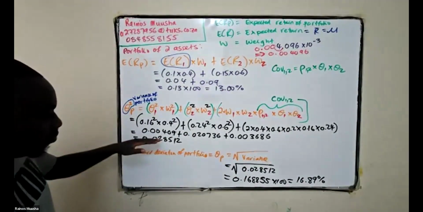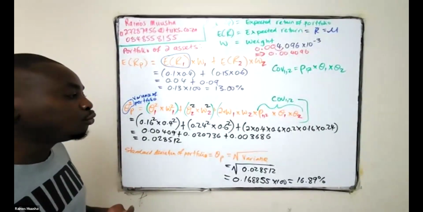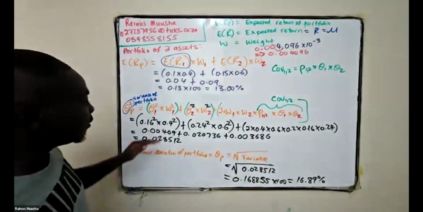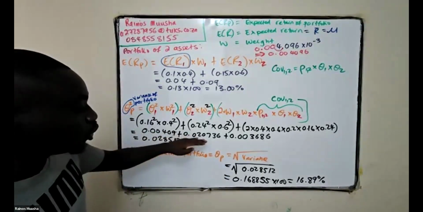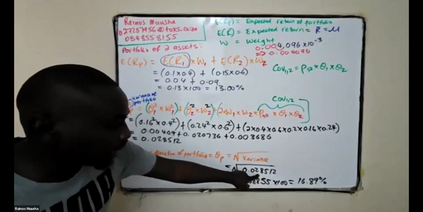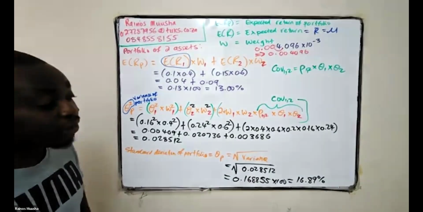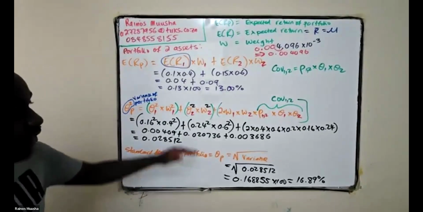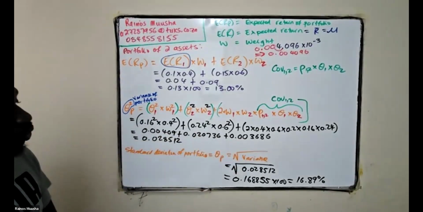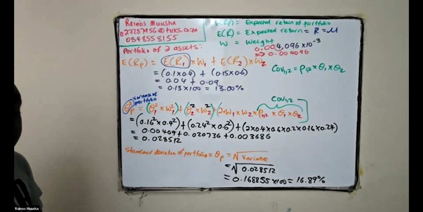If I had rounded off my in-between calculations to 4 decimal places, we would have gotten 16.88, not 16.89. And still, it's acceptable as well.